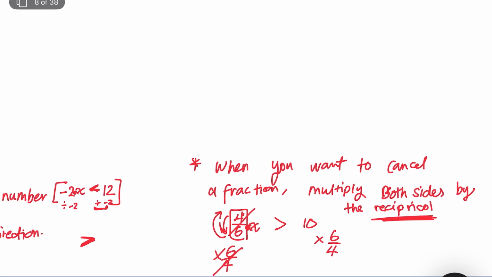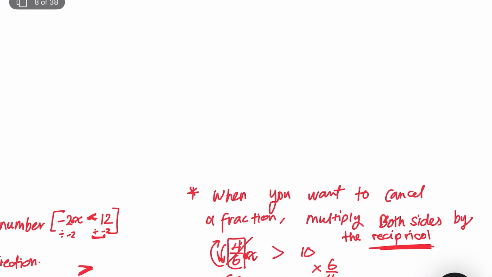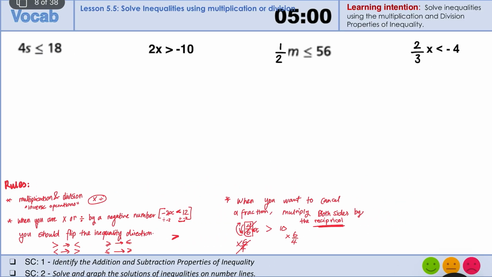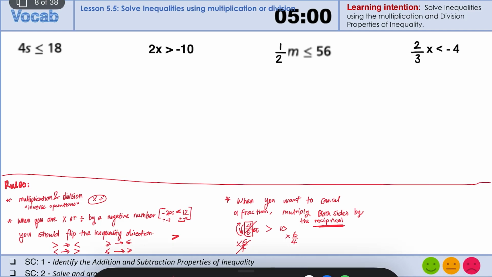Because you're cancelling it by multiplying by the opposite of this fraction. You can use division. You will end up doing the same thing. This is just a shortcut for you. If you want, you can follow it or just follow the original rule. Again, most of my students like to follow the original rule, which is divide both sides by the same fraction. It's correct.